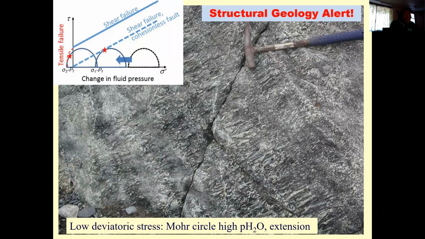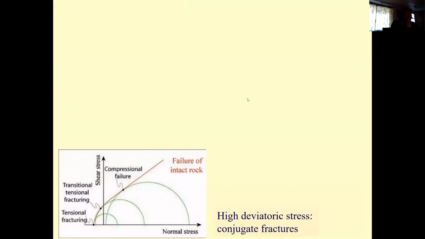However, at times where the deviatoric stress is high, with increasing fluid pressure, we roll back to the Mohr envelope, we intersect the Mohr envelope in the compressional field, in which case we end up with conjugate fractures.